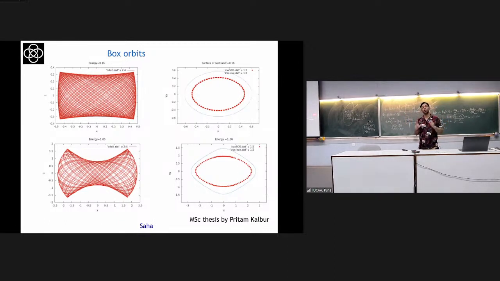The center of the galaxy also has a supermassive black hole. Most galaxies have a supermassive black hole. A supermassive black hole has what is called the Schwarzschild radius, which is 2GM by c squared, and it also has another important quantity, which is called the sphere of influence, which is 2G M_BH divided by sigma squared.